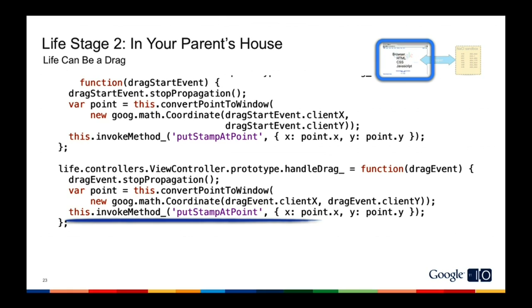And in the handler, all I do is I say, okay, I'm going to handle the event, stop propagating it. And then I'm going to invoke the put stamp at point method on my native client module. And this is where we're going to get into the bridging.